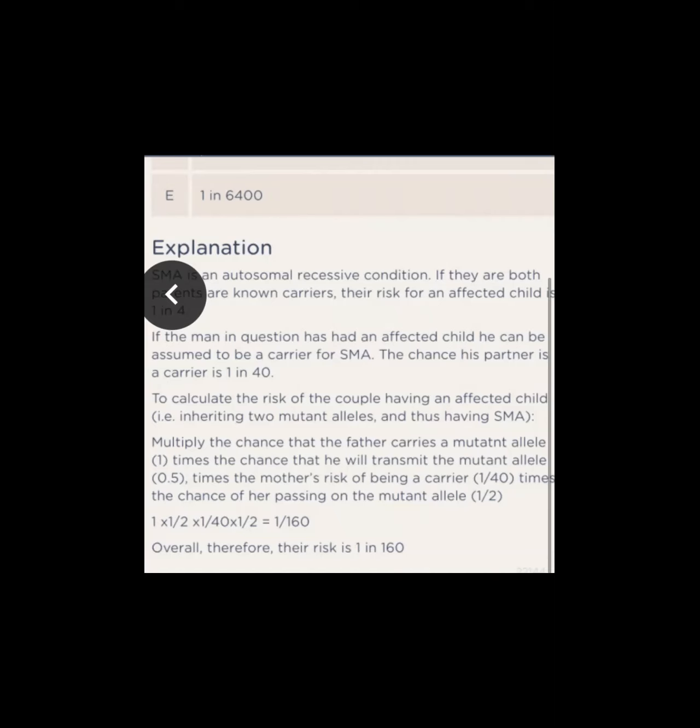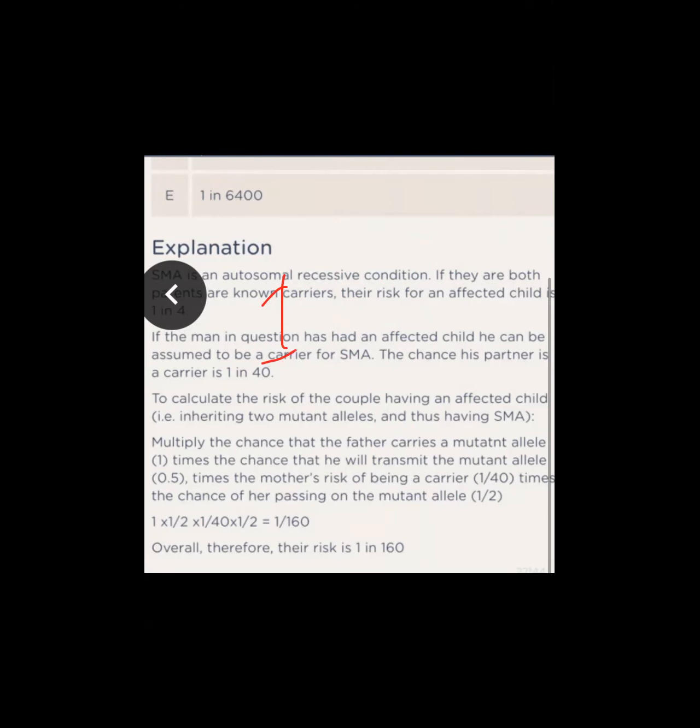The father is a carrier because he has an affected child, so the chance of carrier state is 100%, or 1. We already know this from the previous box.